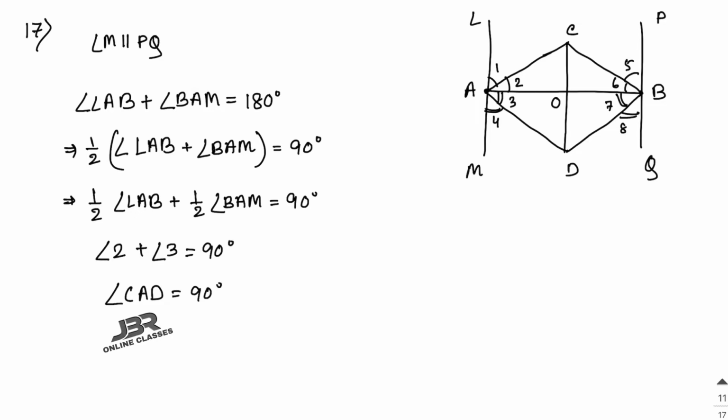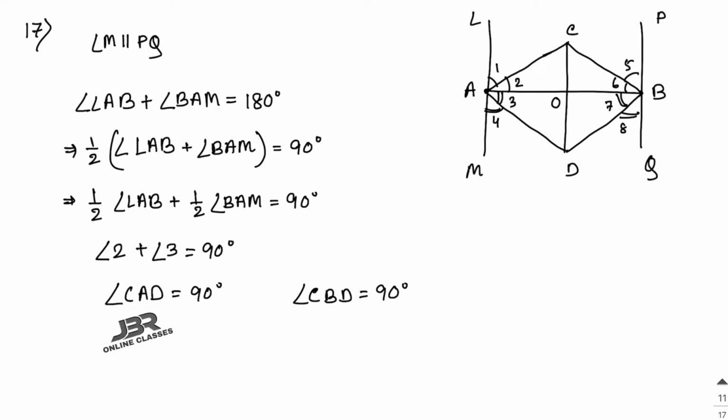As CAD equals 90 degrees, you can similarly write CBD equals also 90 degrees. So the opposite angles, angle A and angle B, both equal 90 degrees.